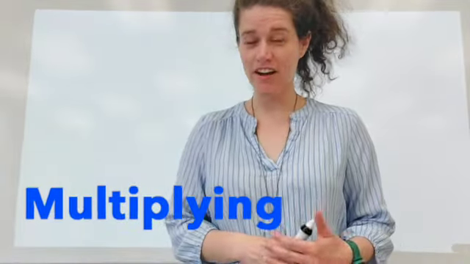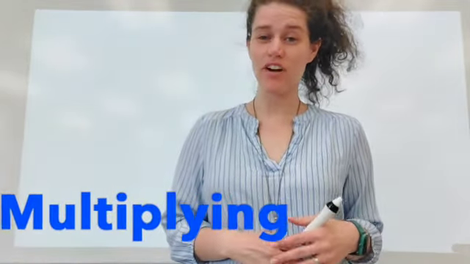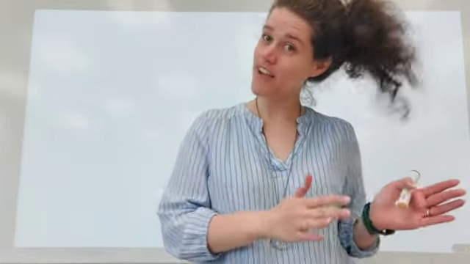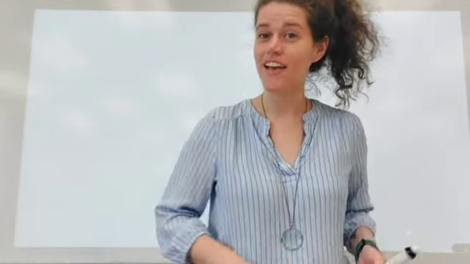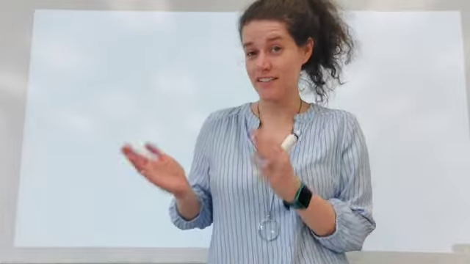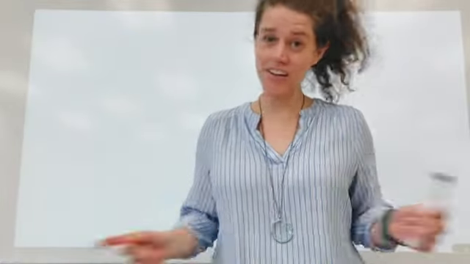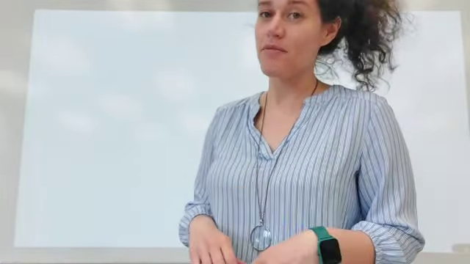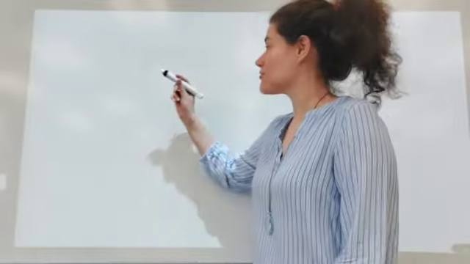When multiplying radicals, the rule you want to follow is that the outsides need to multiply to the outsides, and the insides need to multiply to the insides, and they cannot cross through each other. Let's look at an example.